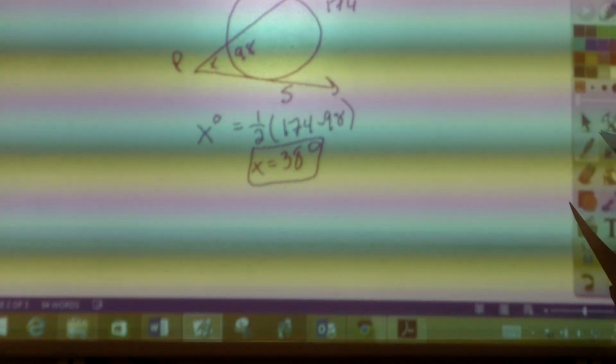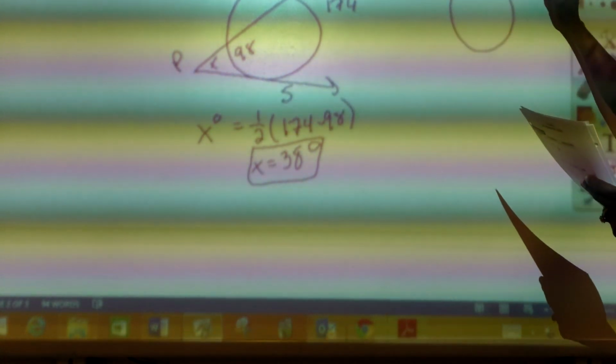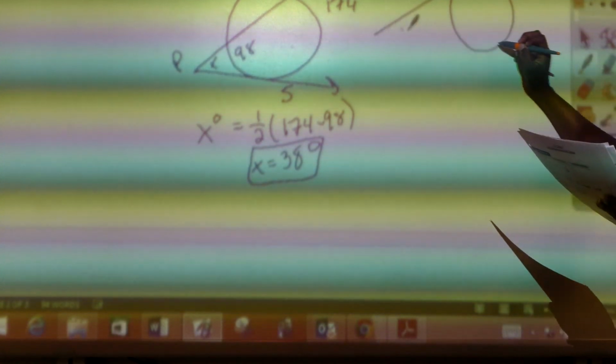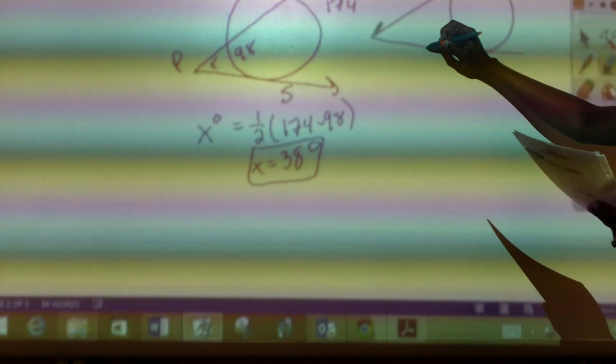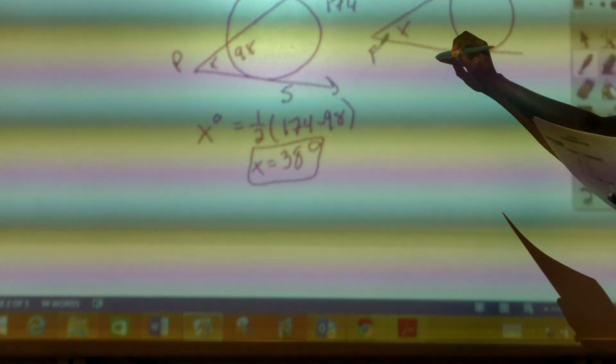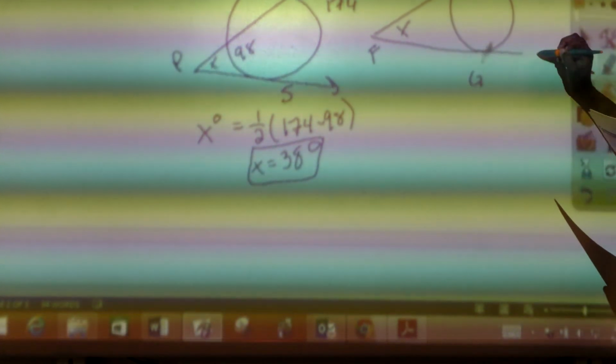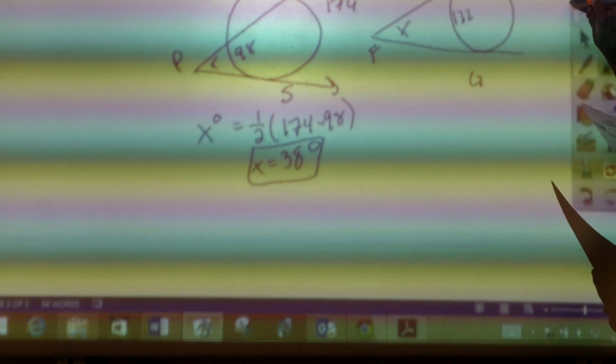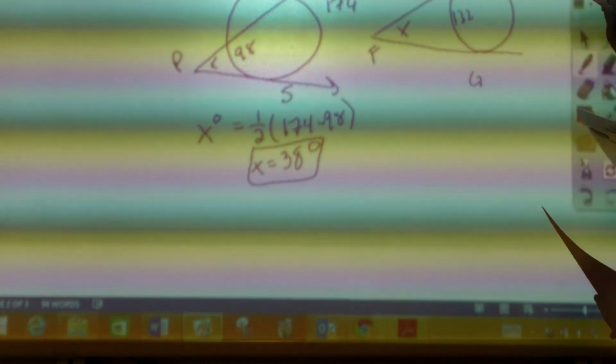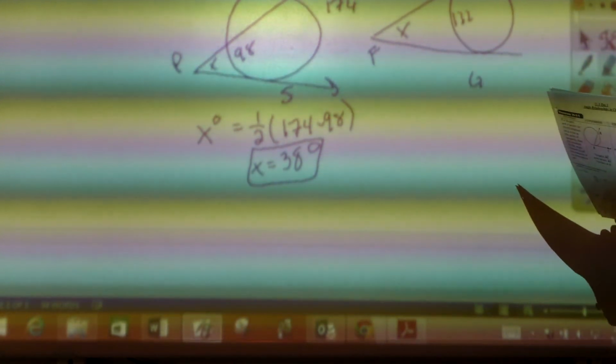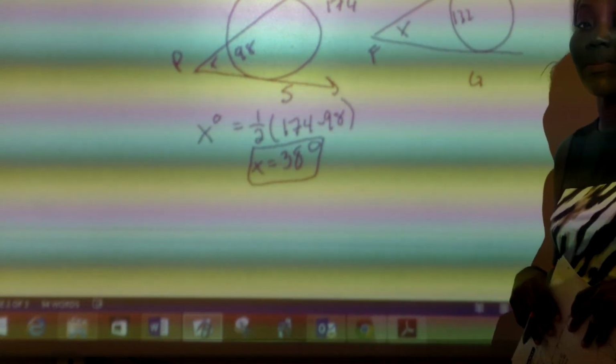On the next one, we have a circle with two tangents. This is X, F, E, G, 132, and H is out here. And what do you notice about this?